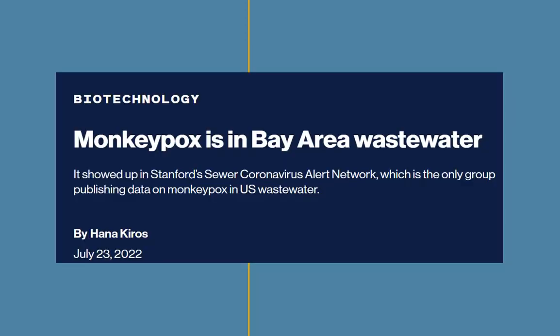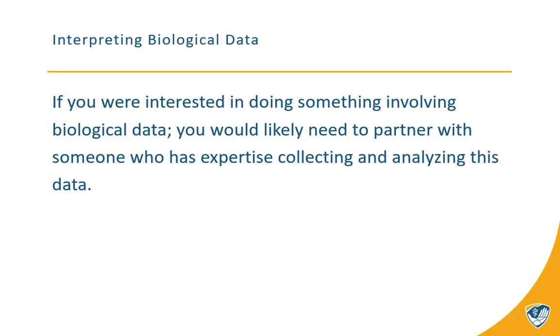Monkeypox, remember how that was a really big thing last year? Monkeypox identified in the Bay Area wastewater. So because you can't monitor everybody, they can get a sense of, or estimate the incidence based upon presentation in the water.